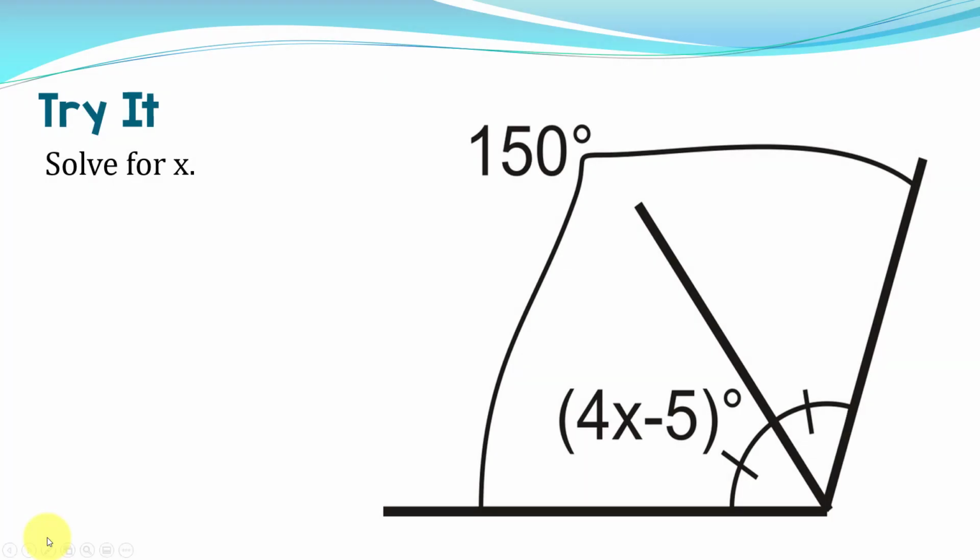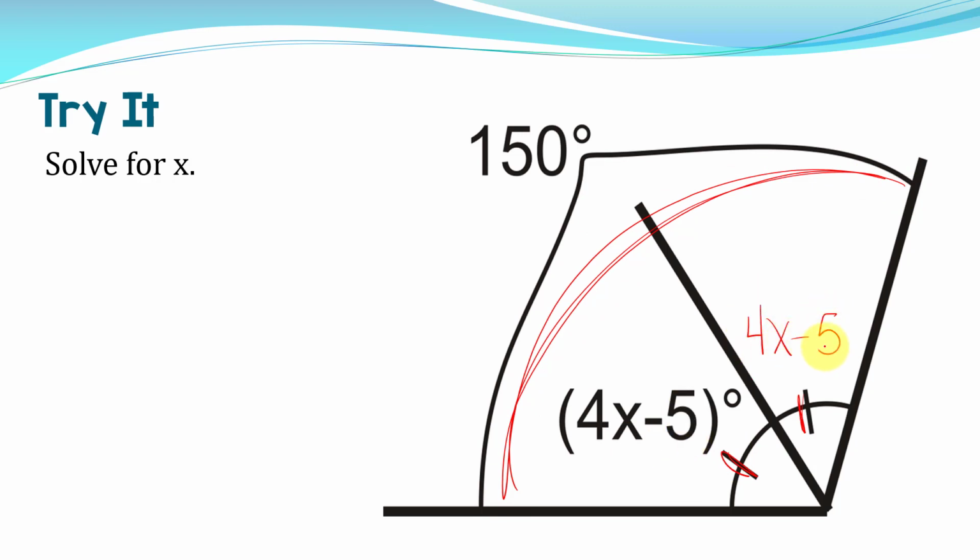All right, here's another example. Now our picture tells us I've got two angles, and I've got congruency markers, right? But what would I do with this? It tells me that the whole thing is 150. All right, well, if this angle is 4x minus 5, then I would know that this angle is also 4x minus 5, because it didn't give me a value there.